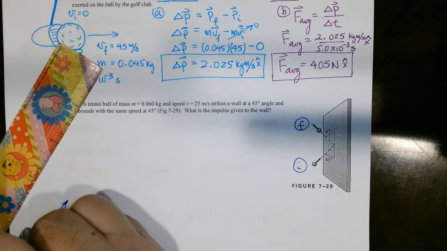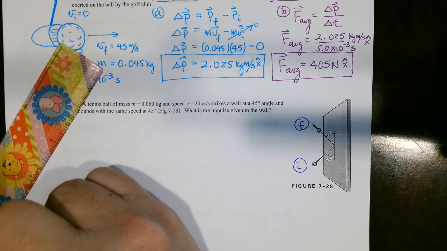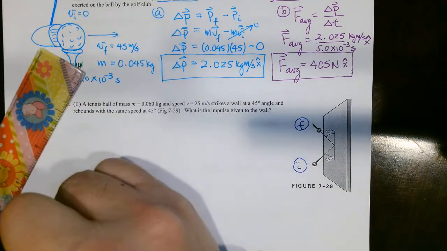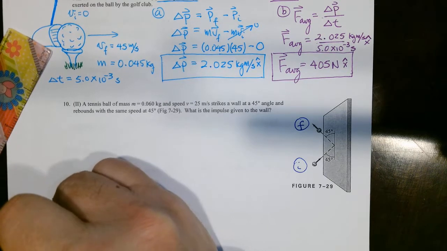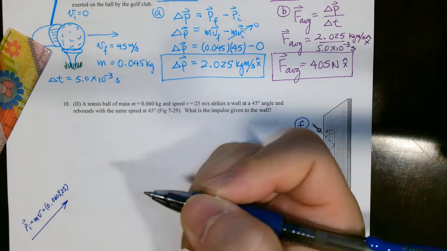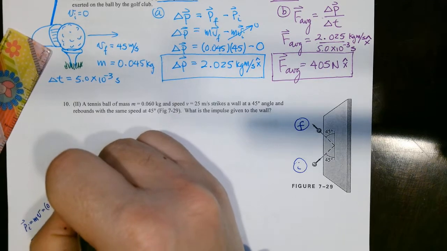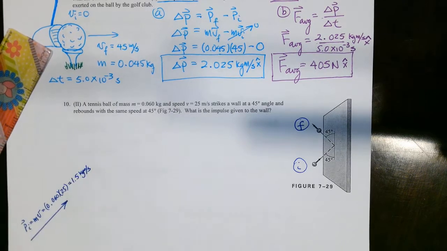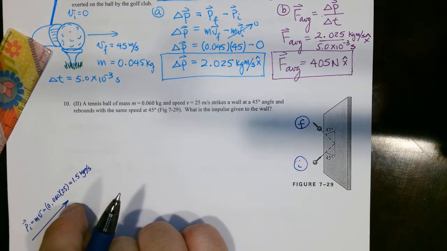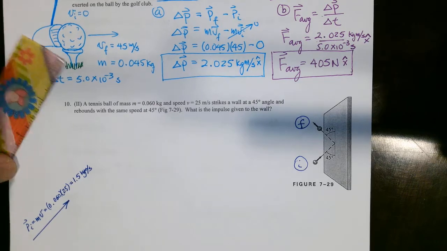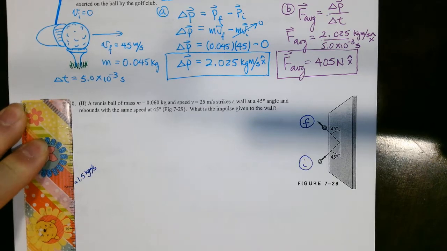So my initial momentum here is equal to m times v, which is 0.060 times 25. This comes out to, right, 1.5 kilograms meters per second. Well, this initial momentum of the tennis ball going in at 45 degrees can be broken up into its x and y components. All right.